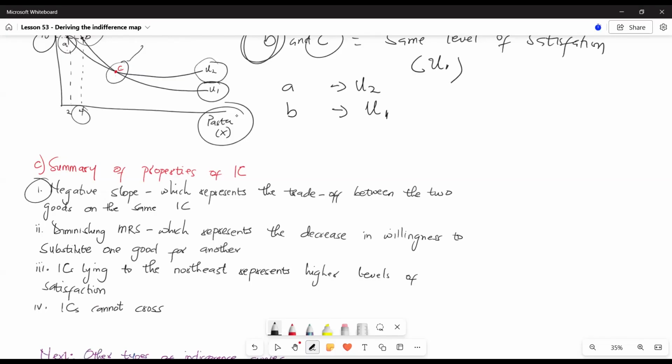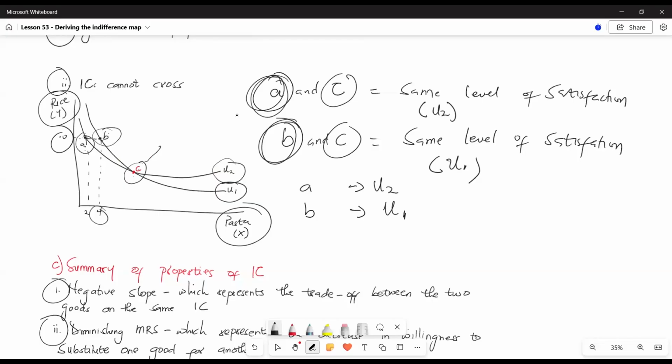Now, the other property of indifference curves that we have looked at is the diminishing marginal rate of substitution, which is simply the slope of the indifference curve. This represents the decrease in willingness to substitute one good for another. For instance, at the initial stage at point A, where you have more rice and less pasta, this consumer might be willing to trade off more rice to get an additional unit of pasta.